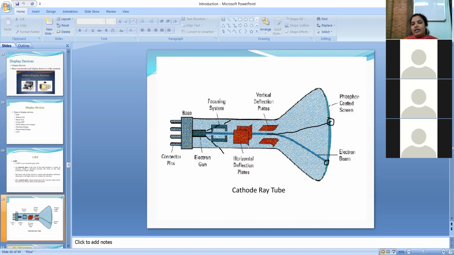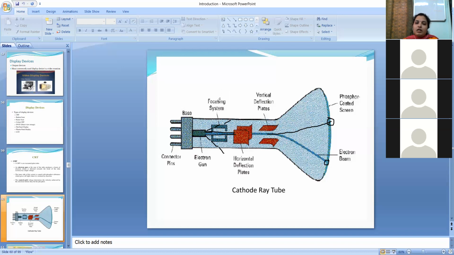To prevent that, we have this focusing system. It prevents the outside movement of the electrons, and the flow is regulated along this path only. So no electrons will go out and the flow is maintained along this way. That is about the focusing system of the CRT.